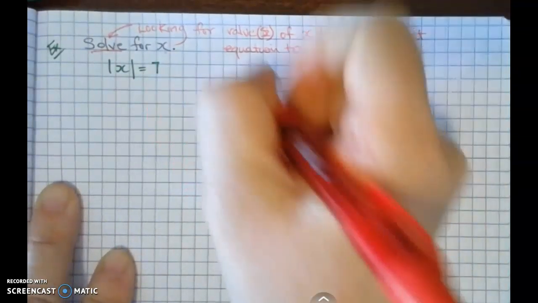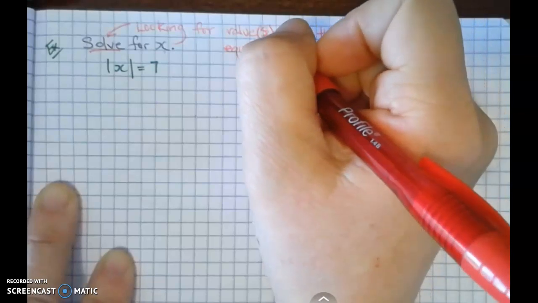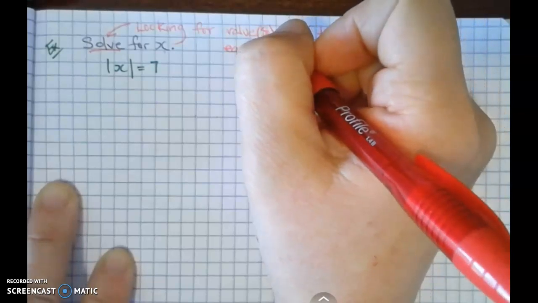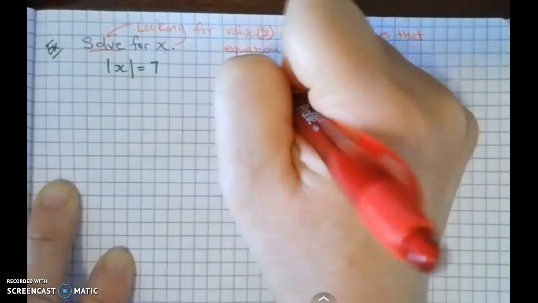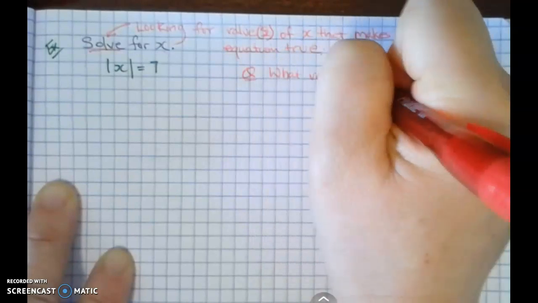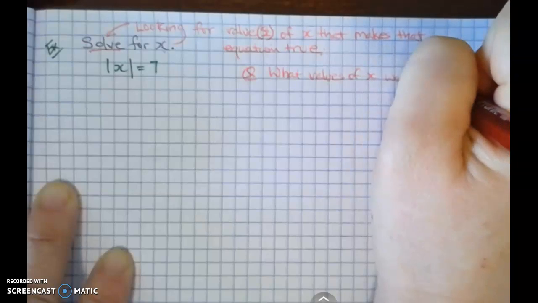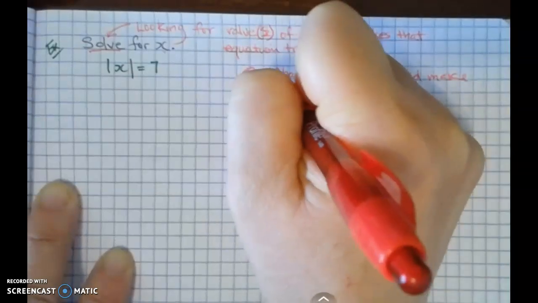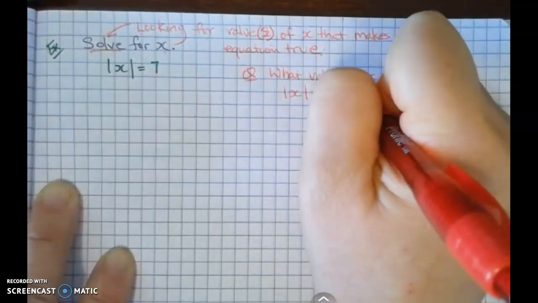Now comes the question, what values of x would make the absolute value of x equal to 7?